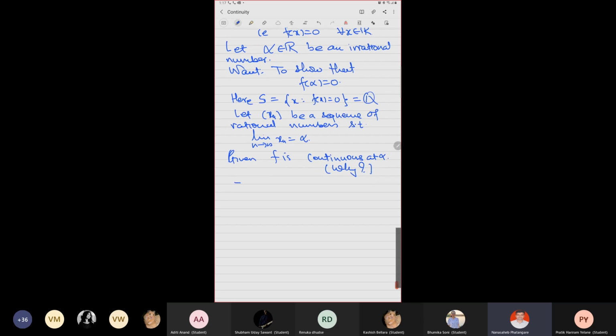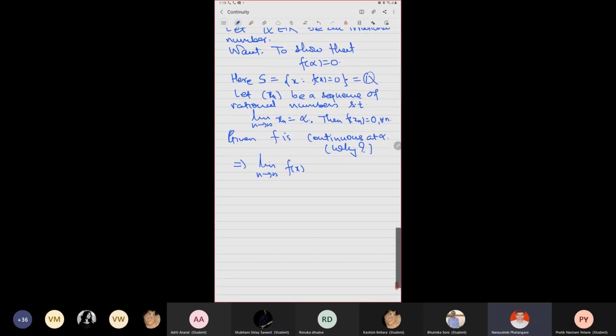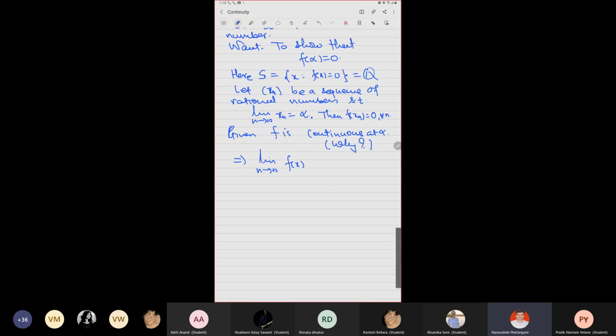And therefore, what is the limit by the sequential criterion? If xn is a sequence of rational numbers, then what is f of xn? It is 0 for all n, right, because each xn is rational and at rationals the function is given to be 0.